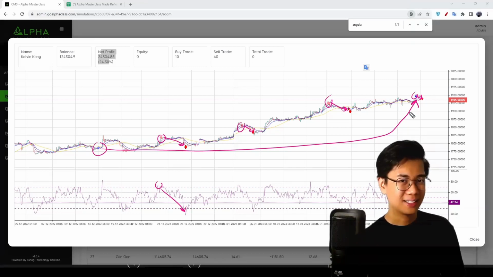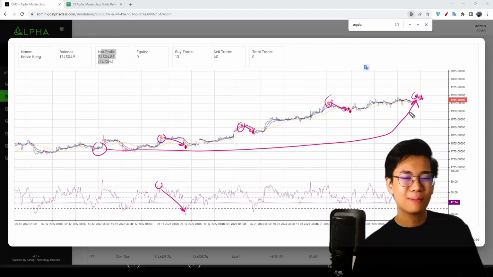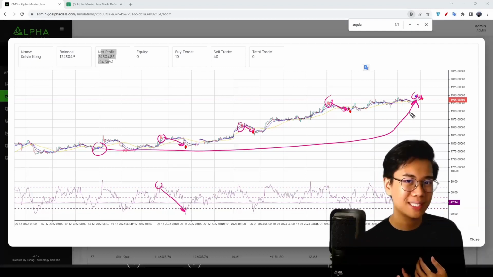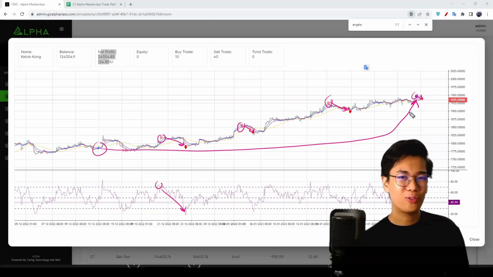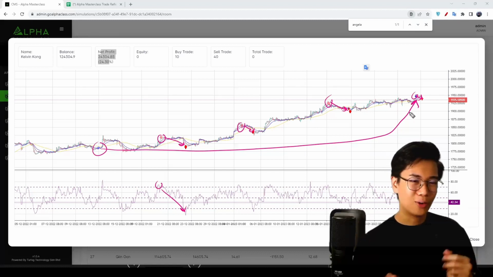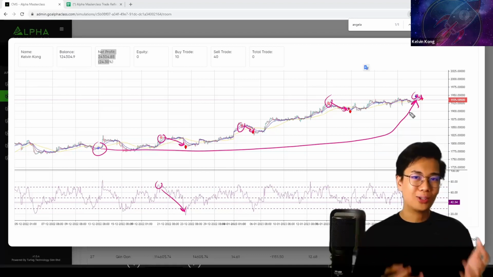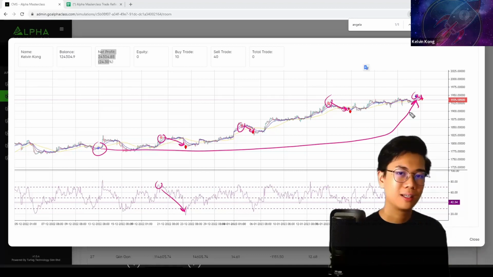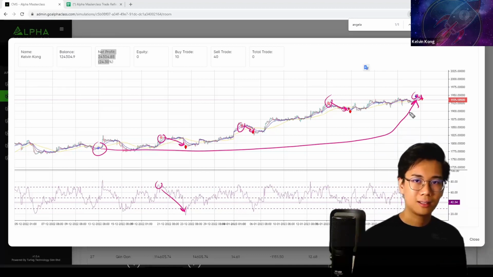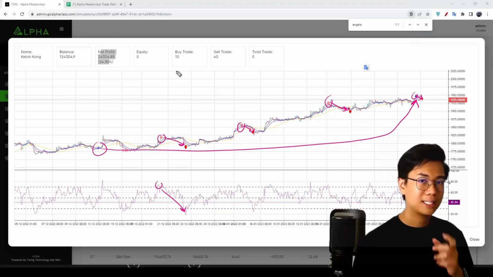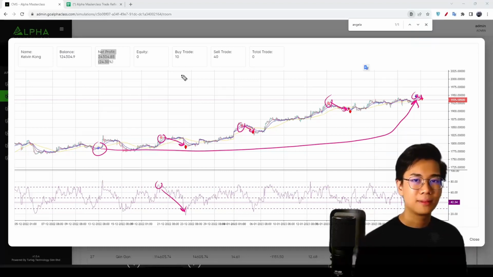Okay, so there is a conflict here, right? Some people say that, I'm the person that said don't go all in, don't go all for one shot. But you're the one that goes all for one shot. What is the pro and con exactly? I didn't go all for one shot because my balance is 100,000. Correct, but then you have a maximum of 10 buy and 10 sell trades on it.